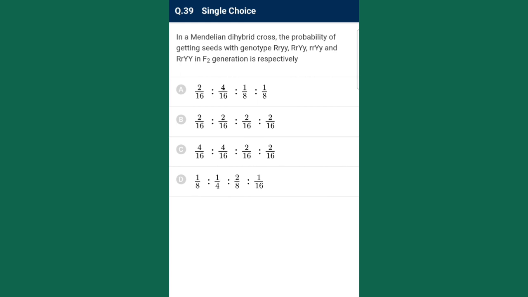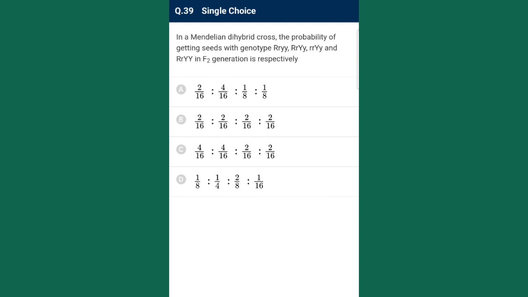Question number 39. In a Mendelian dihybrid cross, the probability of getting seeds with genotype RRyy, RrYy, rrYy and RRYY in F2 generation is respectively. A dihybrid cross is a cross between two different lines or genes that differ in two observed traits. We compare two different characteristics in a dihybrid cross.